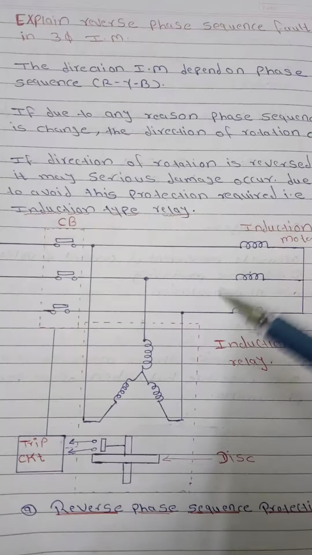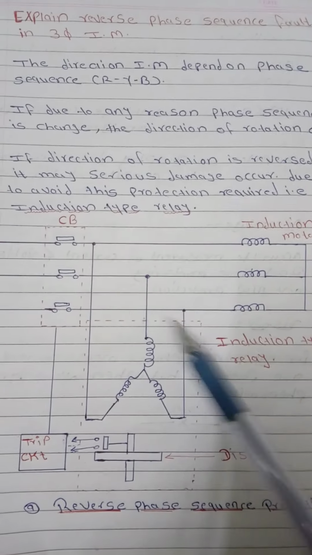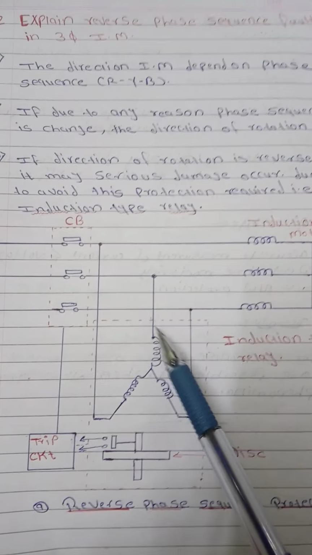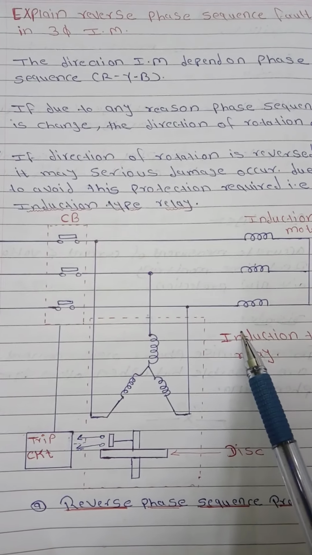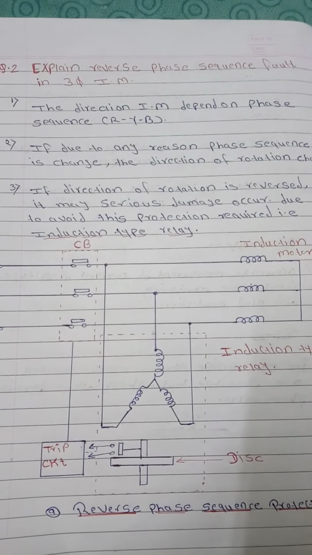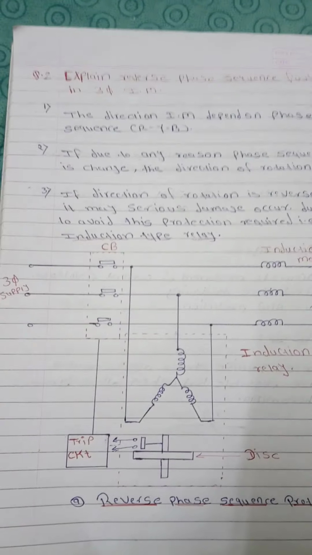If the disc rotates in the opposite direction, the phase sequence is not proper, and it gives a signal to the circuit breaker by using the relay, and the circuit will be tripped. This is the reverse phase sequence fault in an induction motor.